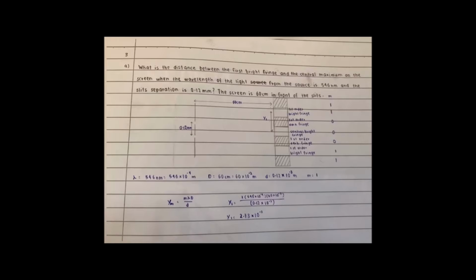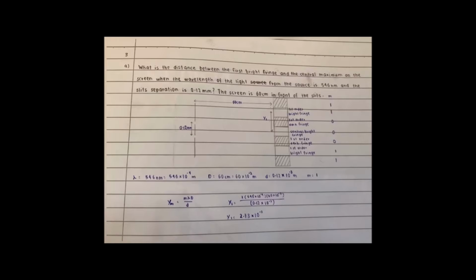Next, we also need to change the small d to meter because the value given is 0.12 millimeter, so we times it by 10 to the power of negative 3. Lastly, we need to determine the value of m, which is 1.